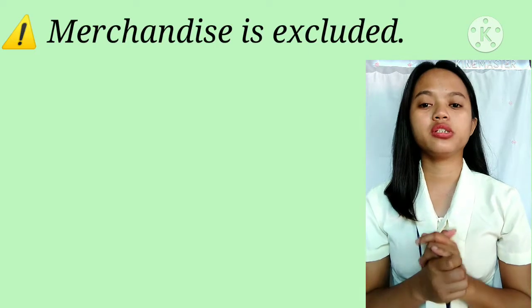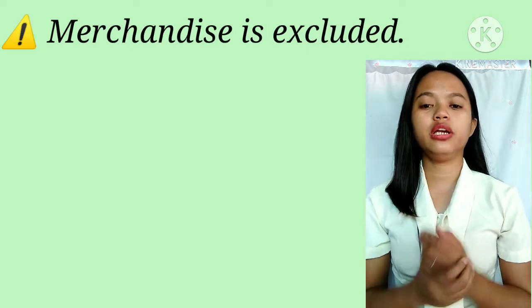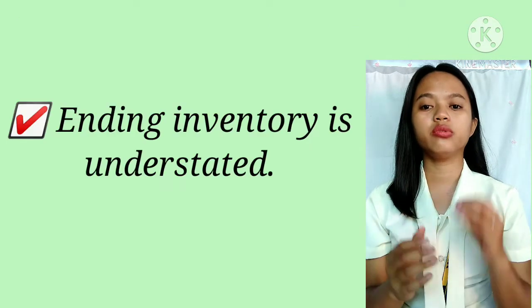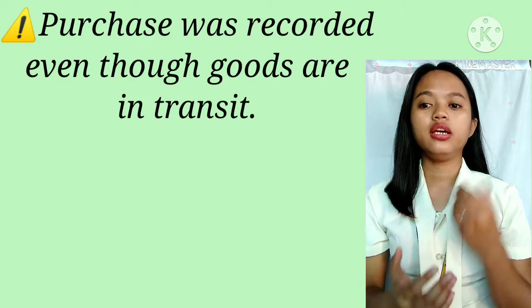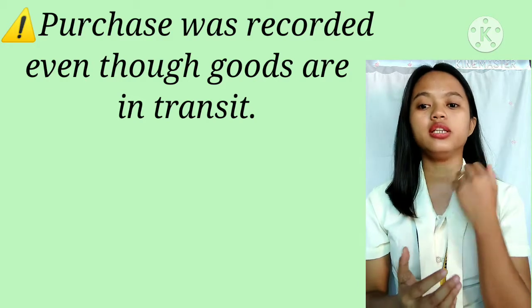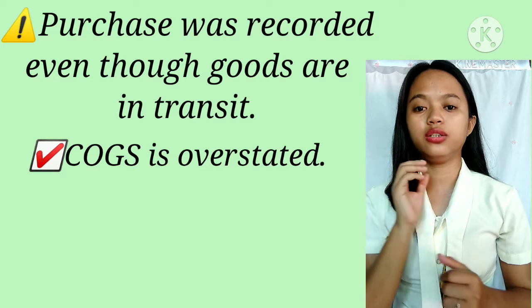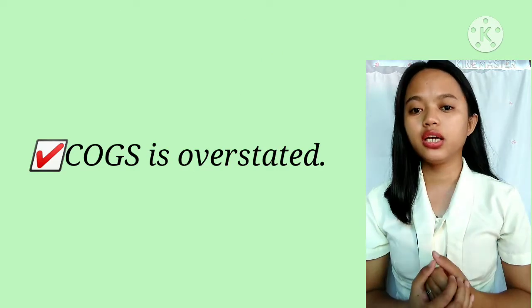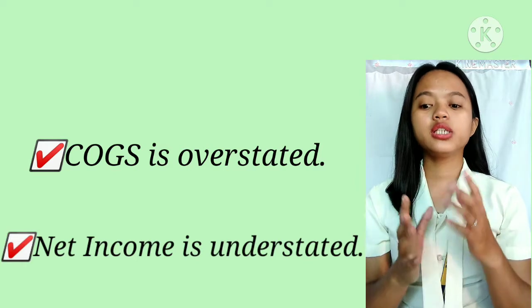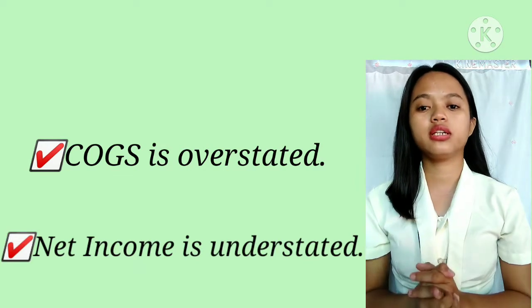Since the merchandise was excluded from the inventory, the ending inventory for the current year would be understated by 4,300 pesos. However, the purchase was recorded even though the merchandise was in transit. This would result in an overstated COGS. Since the COGS is overstated, computing the net income would result in an understated amount of 4,300 pesos.